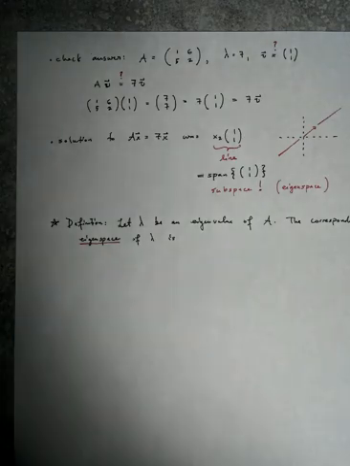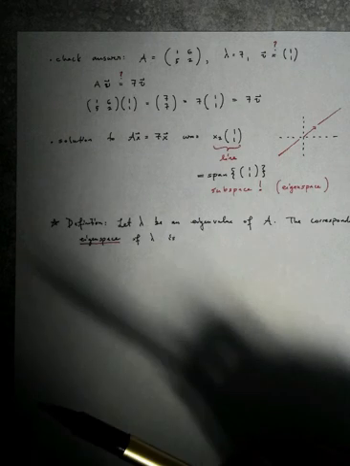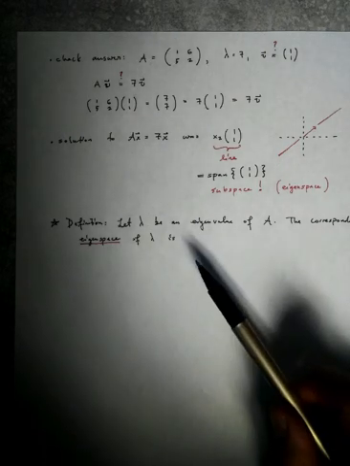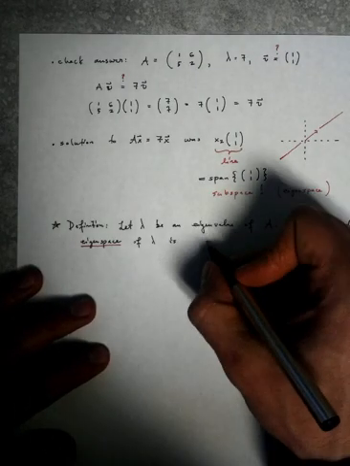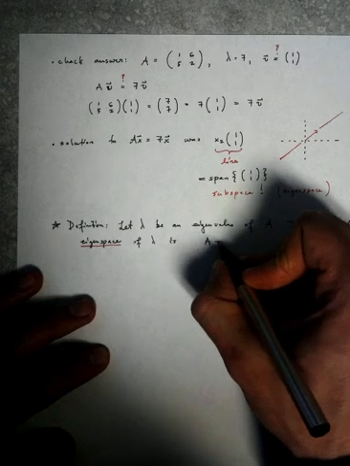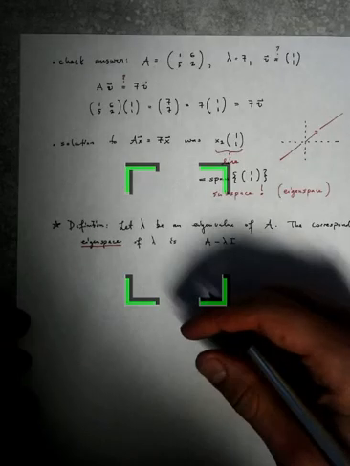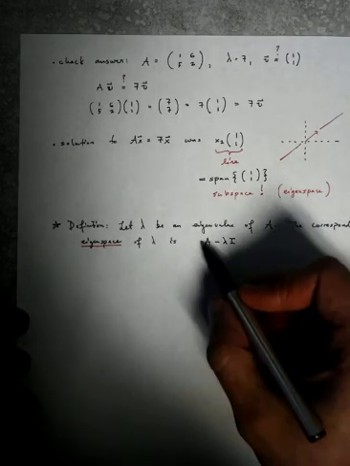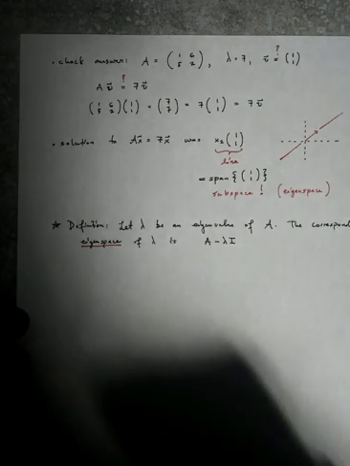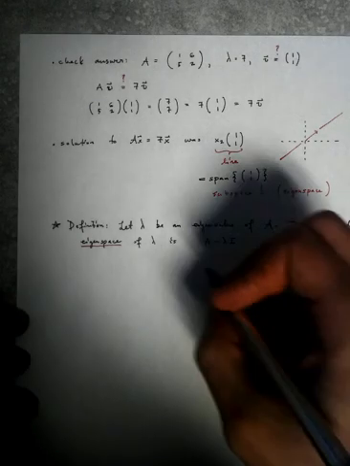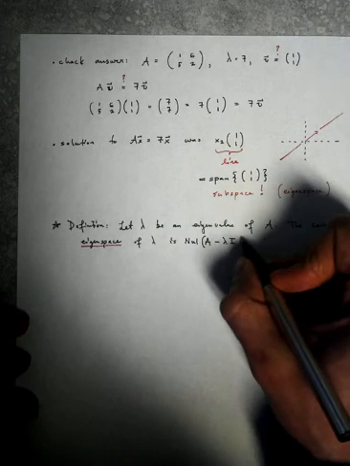How did we do it in the last example? What I computed was I solved the equation (A minus lambda times the identity) x equals 0. I had this matrix times x equaling 0. That is nothing other than the null space of this matrix.